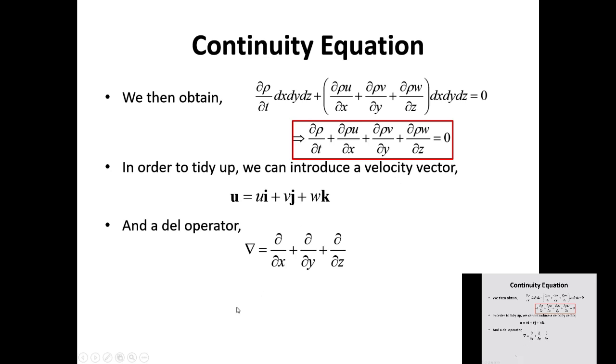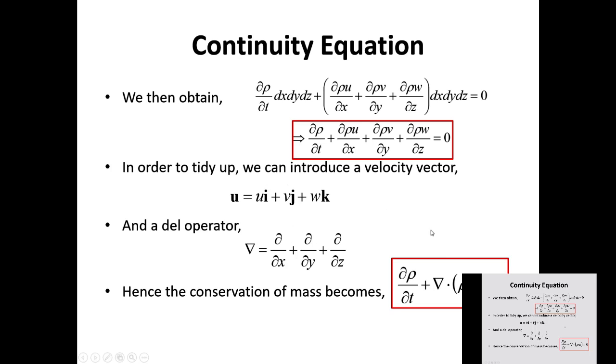And when you take the del operator, nabla, which is equal to the partial derivative with respect to x plus with respect to y plus with respect to z, and use it on the velocity vector, you will get the partial of u with respect to x plus the partial of v with respect to y plus the partial of w with respect to z. Okay, that is that. You take the rho out.